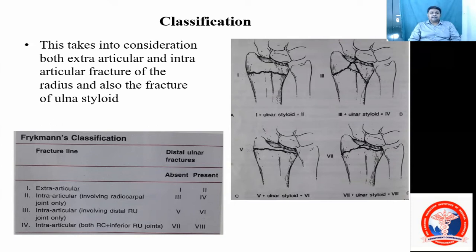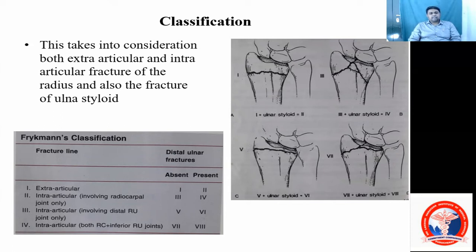Type 3 is intra-articular distal radius fracture, where the fracture line passes into the radiocarpal joint. Because as you know, there are two joints, one is the radiocarpal joint and the other the radio-ulnar joint. So in type 3, the fracture line passes into the radiocarpal joint. Type 4 is intra-articular fracture of the radiocarpal joint along with the ulnar styloid process.